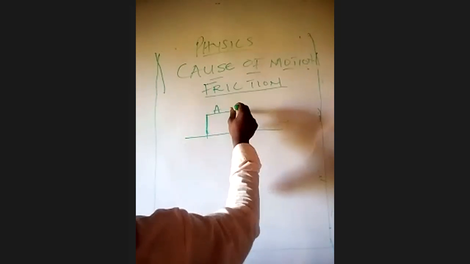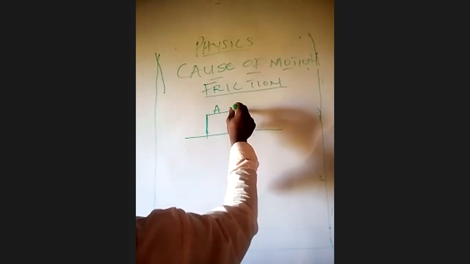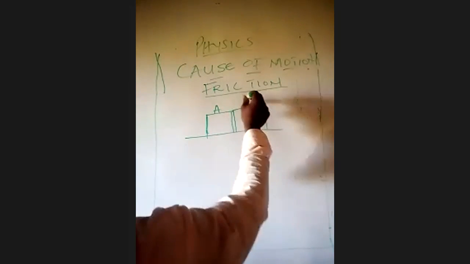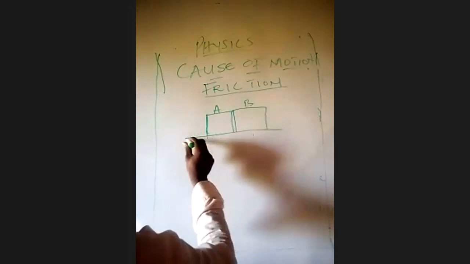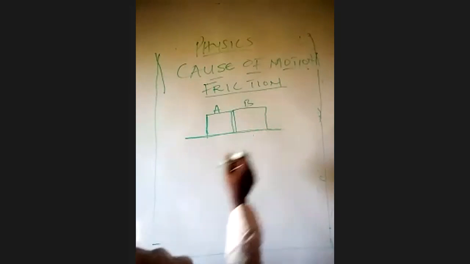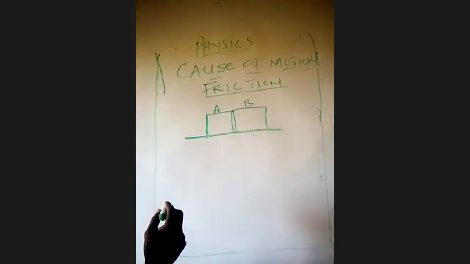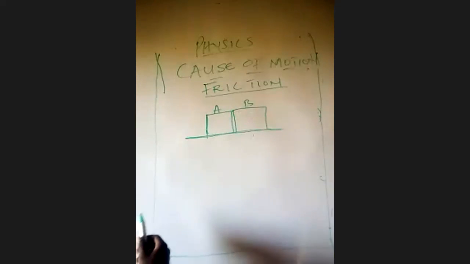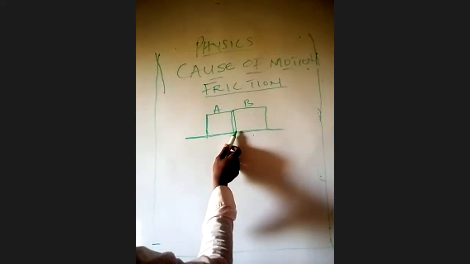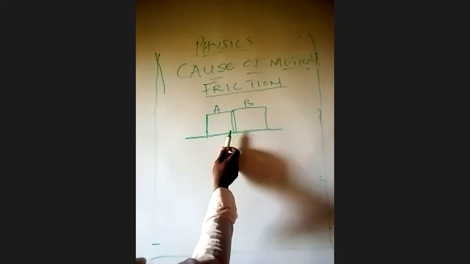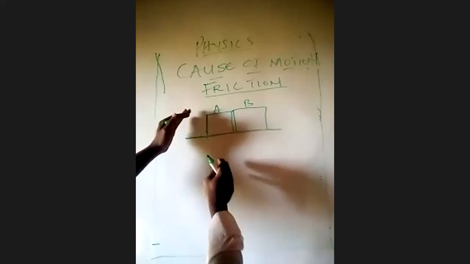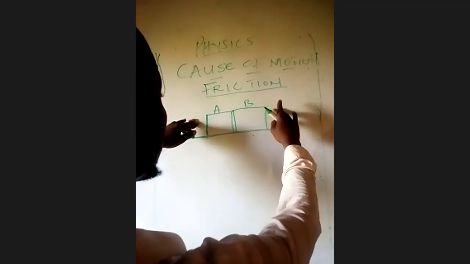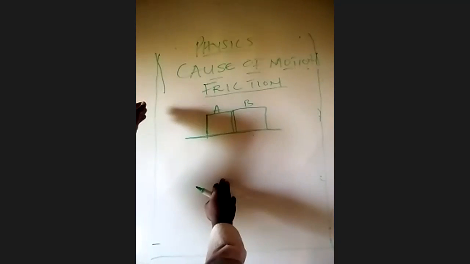This is body A, and this is another body, B. They are resting on a plane surface. There is a gap in between body A and body B. You cannot call this kind of reaction a frictional reaction until a force is applied to body A or body B, pulling it towards the other.